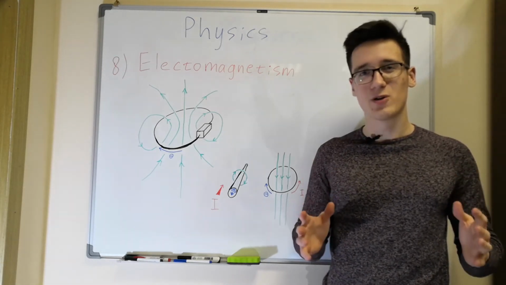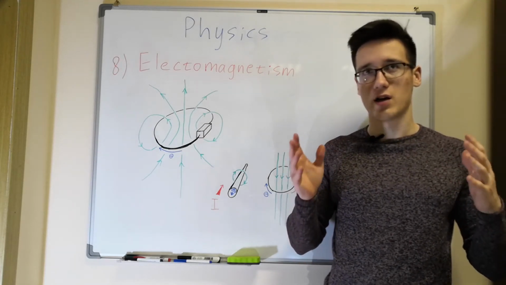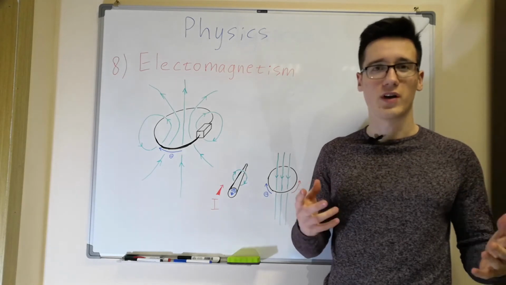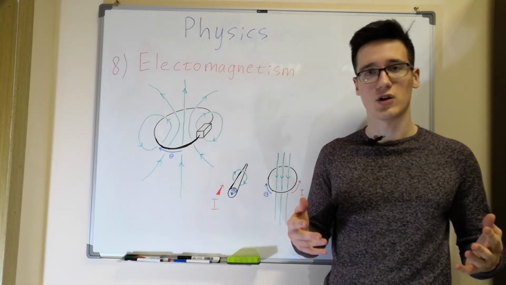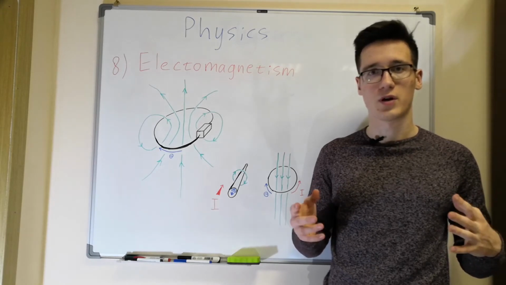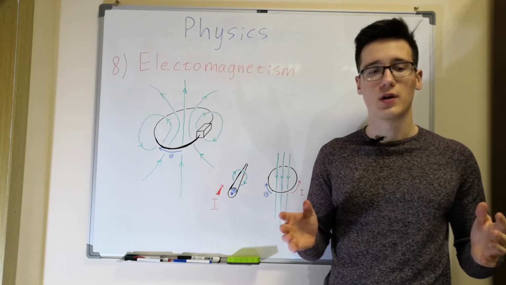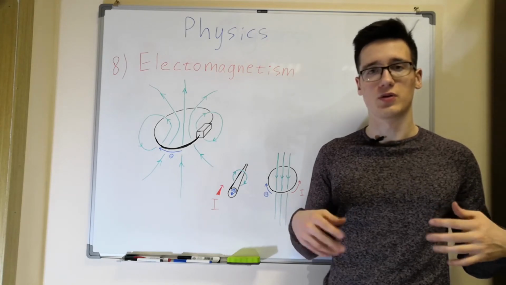So I know this is counterintuitive. You are thinking right now, the current is the movement of electrons. Electrons are negatively charged, so why the current shows the movement of positive particles? You see, people didn't always know that the current is the movement of electrons.